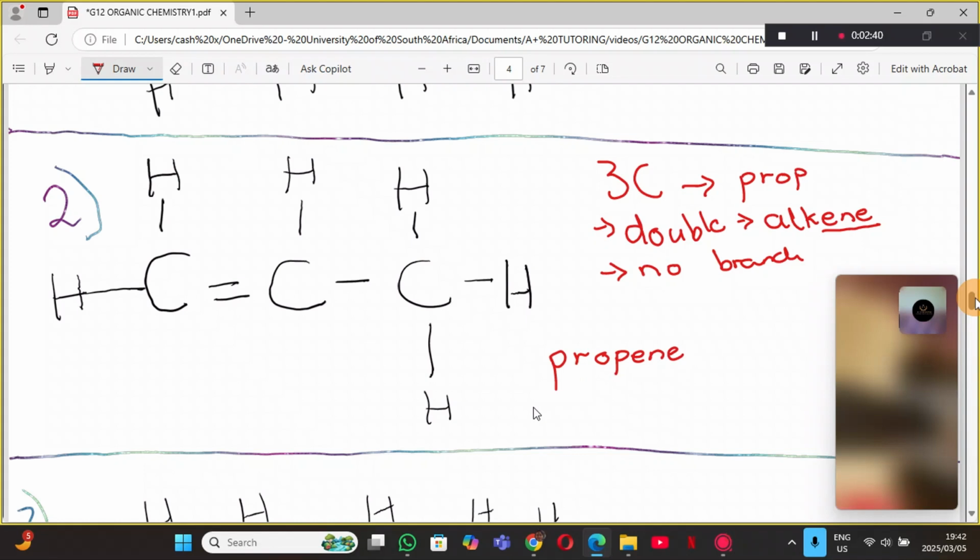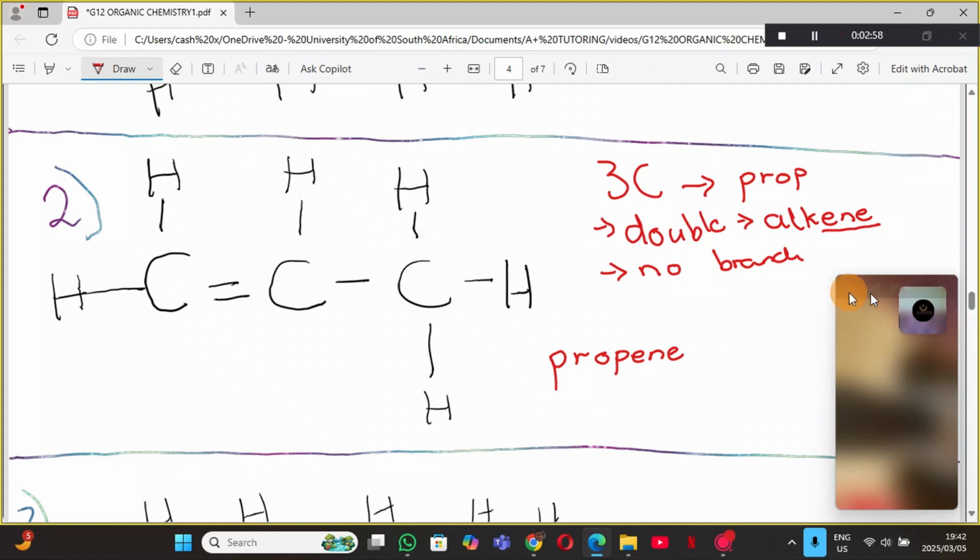Okay. Now with things like alkenes and alkynes and ketones and all that, they have their functional group at a certain position, right? You will now have to number the position that they're on.